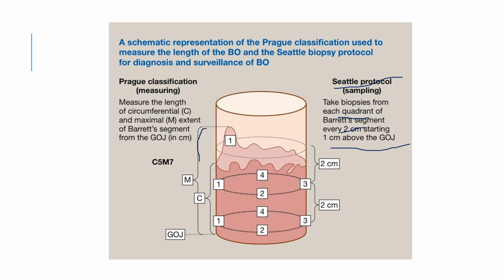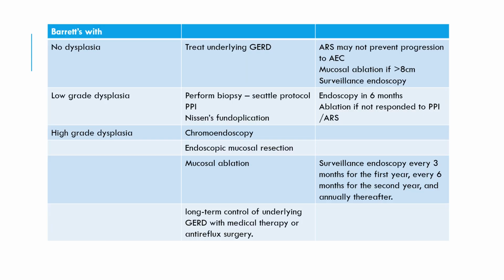M means from the top of the Barrett's tongue to the gastroesophageal junction, that is the maximal extent. Circumferential extent is the squamocolumnar junction to the gastroesophageal junction. From 1 centimeter above the gastroesophageal junction, every 2 centimeters, you take a four-quadrant biopsy. That is called the Seattle protocol.